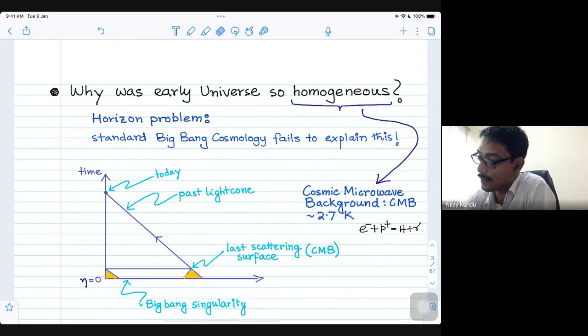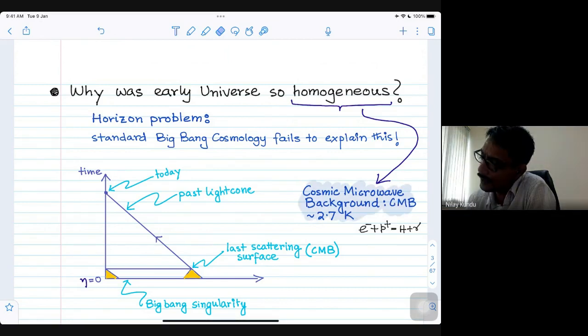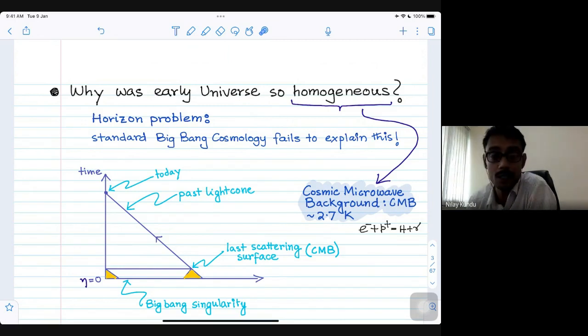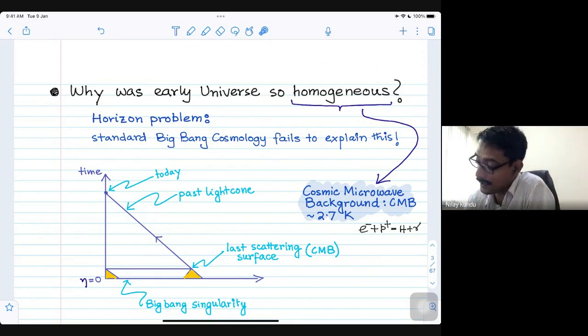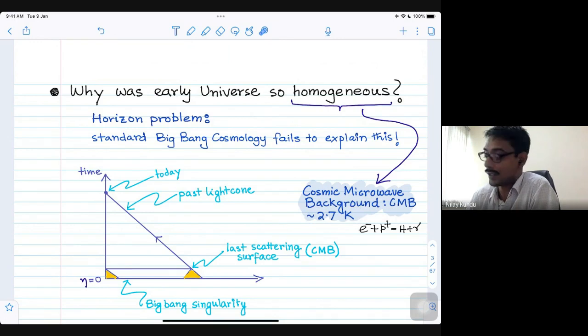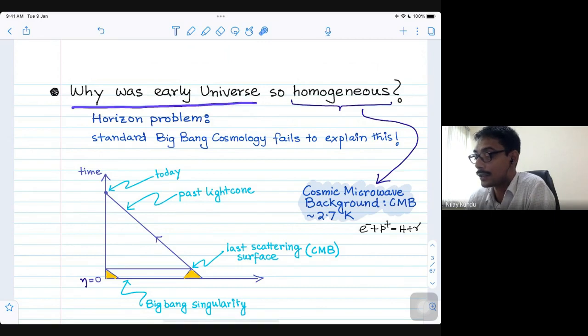This is a picture, or a snapshot, of the early universe that we can directly observe with observational techniques like Planck or large-scale surveys. And that tells us that if we look in different directions in the sky, the temperature is almost constant, 2.73 Kelvin, and that's why the question arises: why was the early universe so homogeneous?